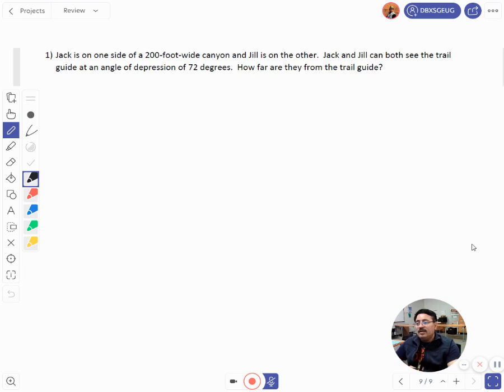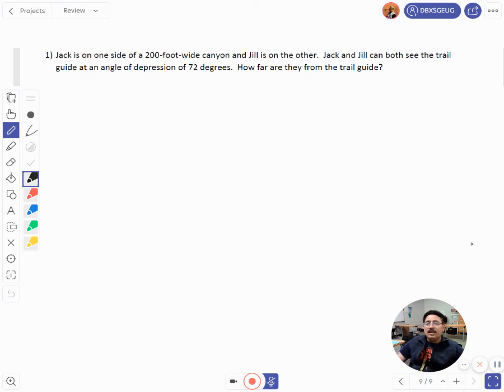One more question. Jack is on one side of a 200-foot wide canyon and Jill is on the other. Jack and Jill can both see the trail guide at an angle of depression of 72 degrees. How far are they from the trail guide?